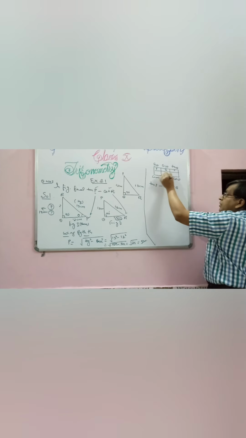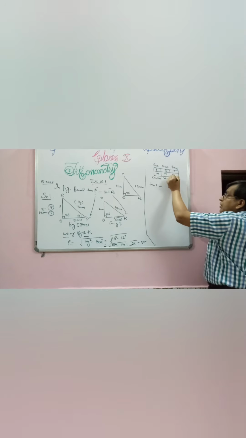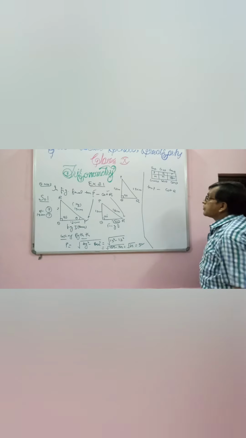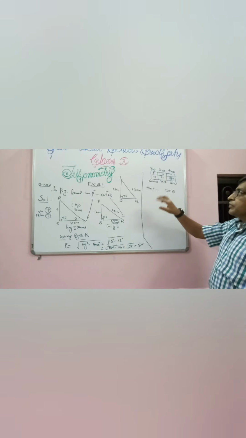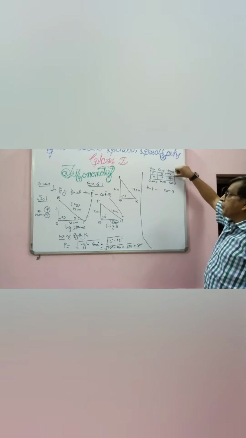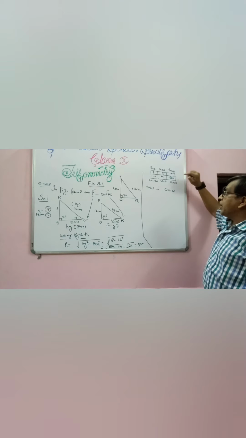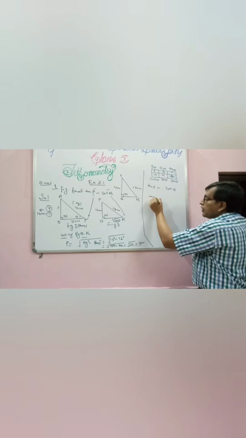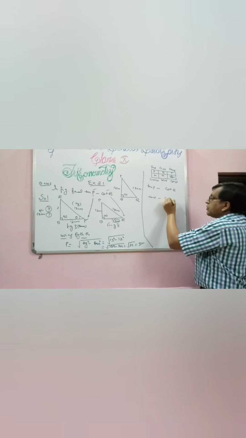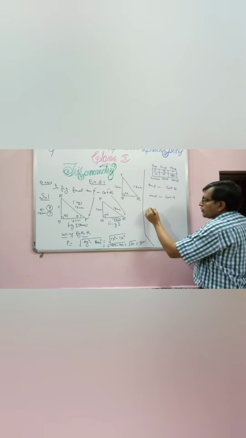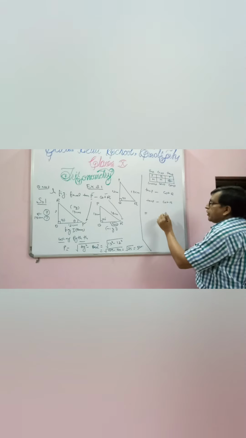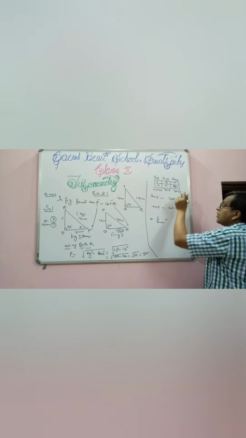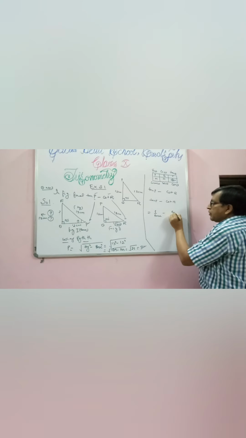Pad, beta, pad, hard, book. Then tan theta is perpendicular upon base, cot theta is base upon perpendicular. Now tan P minus cot R: tan is perpendicular upon base, cot is base upon perpendicular.